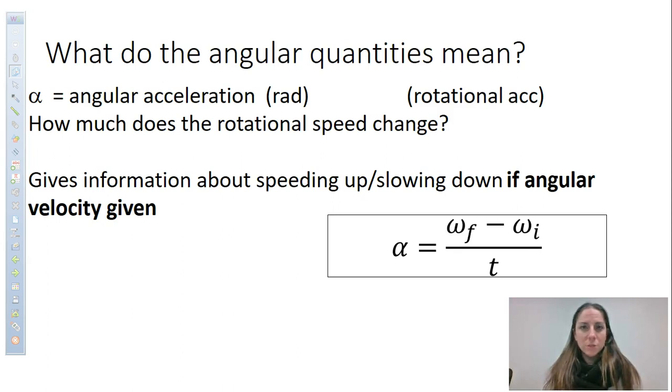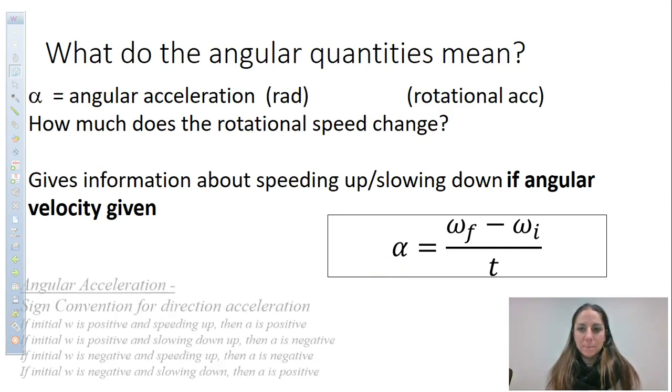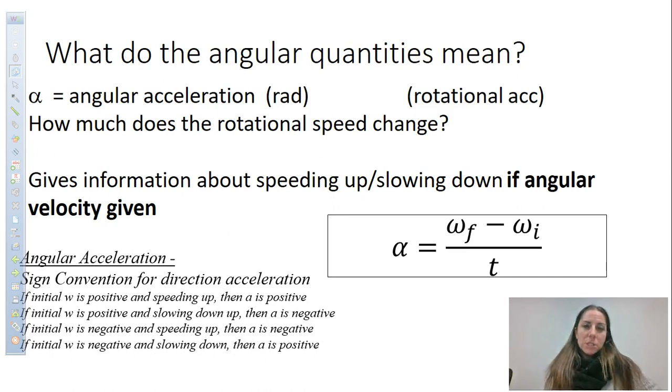So, same thing, we can do angular acceleration, just like linear acceleration. Alpha equals final omega minus initial omega over t. Alpha is just the angular measurement. So how much does the speed change? How much are you speeding up or slowing down, right? So just like linear velocity, the sign directions tell you what's happening.